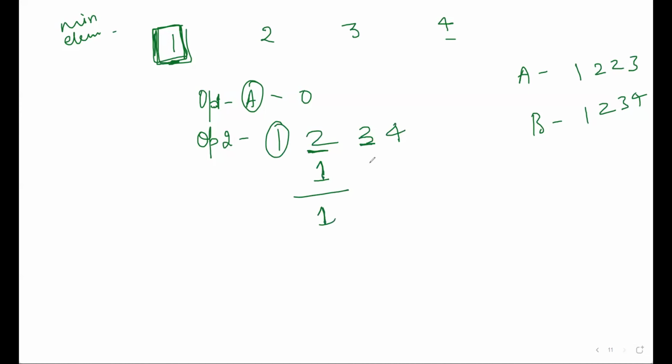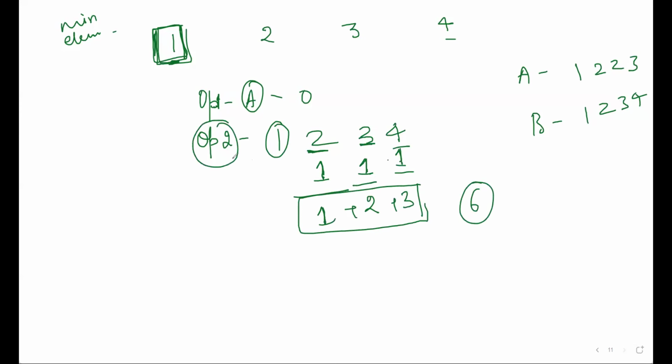Here you need to change this to 1 again, so 2 operations. Here again it is going to be 3 operations. So the total number of operations is 6 for making sure B has its maximum element less than or equal to 1. So for this case, you have 6 operations.